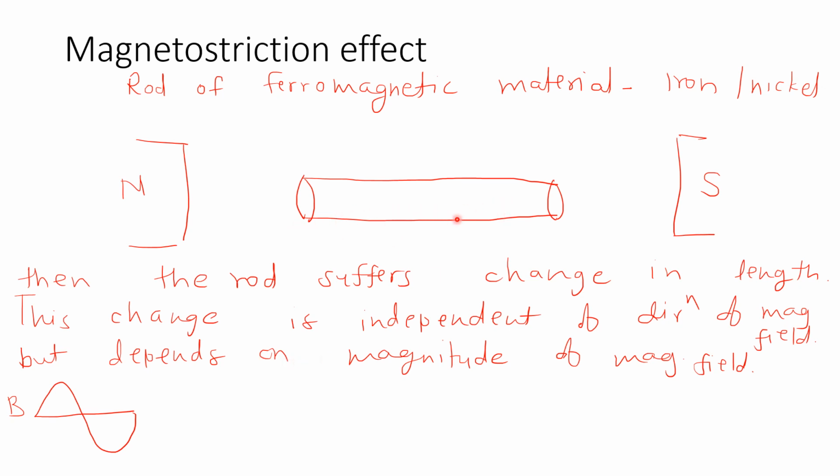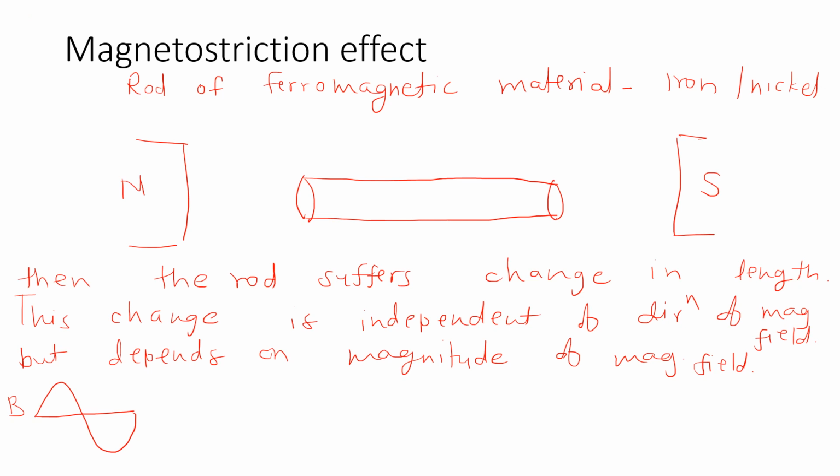What will be the frequency of these vibrations of the rod? It will be twice the frequency of the applied magnetic field. When the frequency of the alternating magnetic field is adjusted to equal the natural frequency of the rod, then resonance will take place and this rod will vibrate with maximum amplitude.